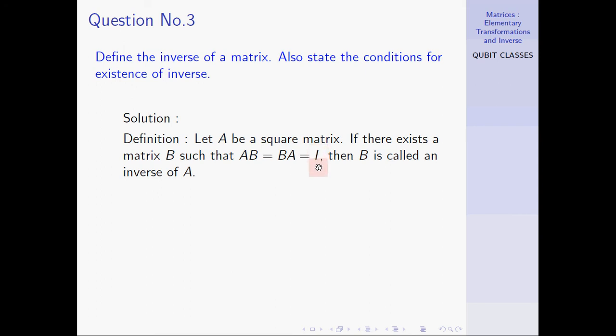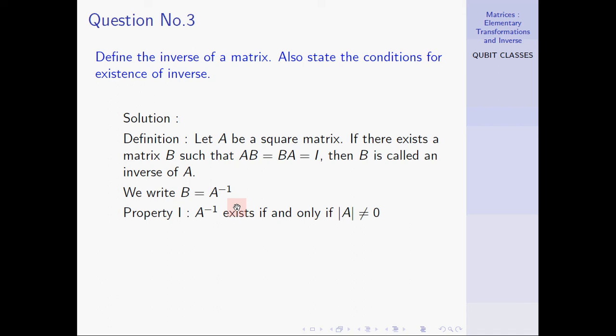An identity matrix is a square matrix whose elements are equal to 0 except the diagonal elements, and the diagonal elements are equal to 1. So B is such a matrix which when multiplied with A will give us an identity matrix. So we write B as A raised to minus 1 and we read it as B is equal to A inverse.